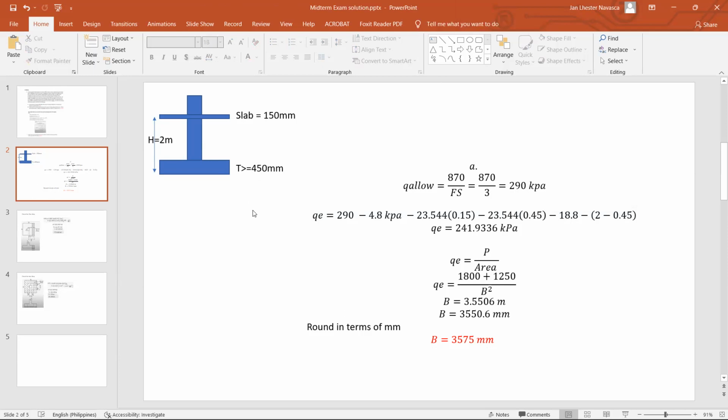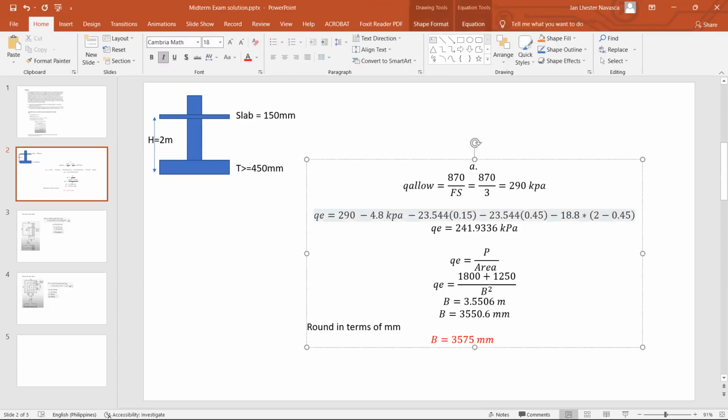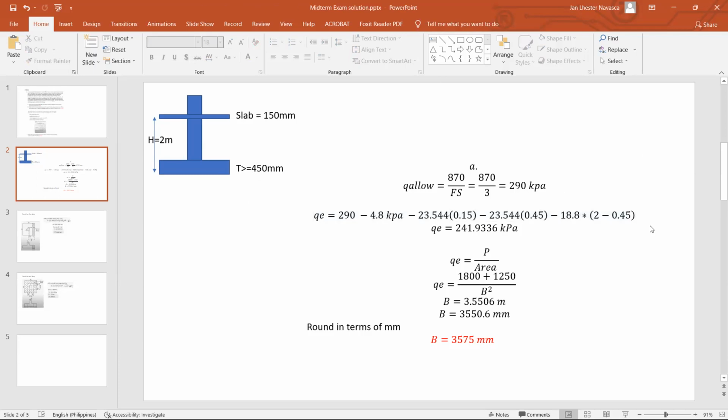Okay, minus the product of 18.8 multiplied by 2 minus 0.45, which is the height of this one. Okay, kung ano yung height nito, di ba?